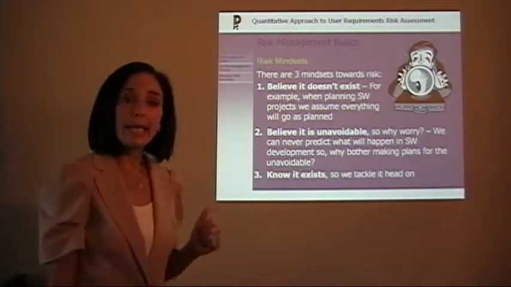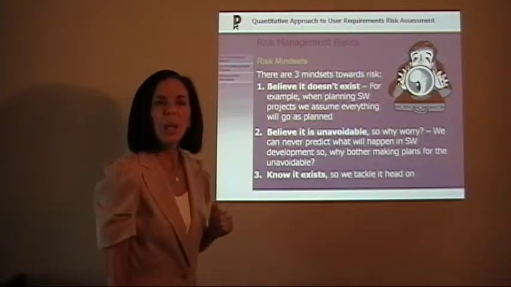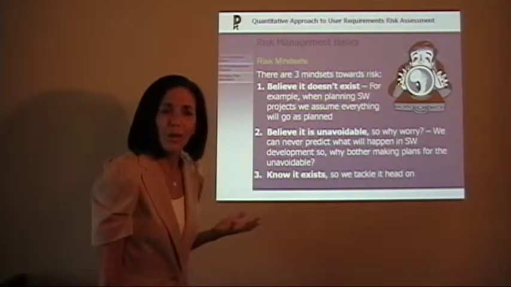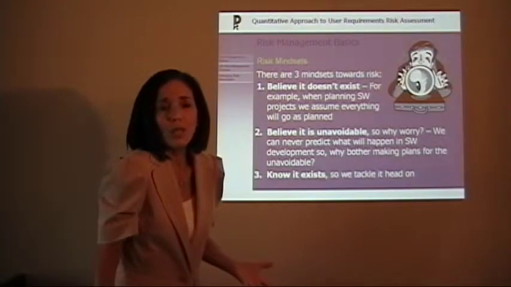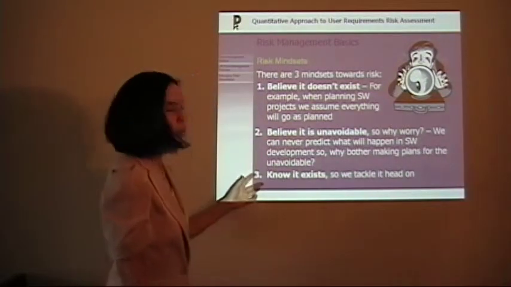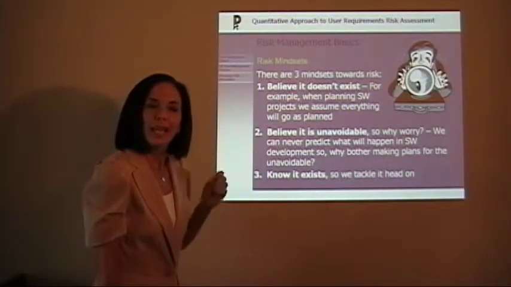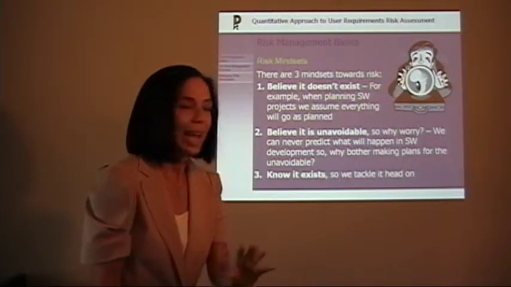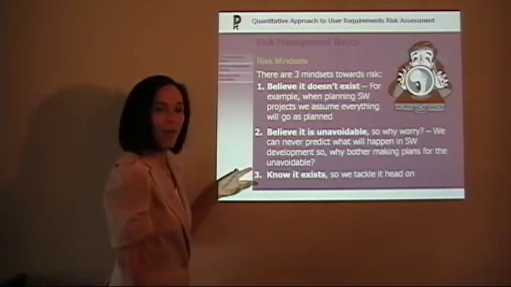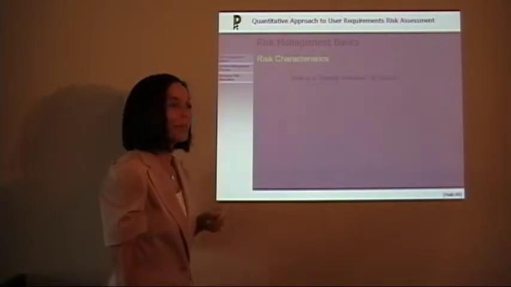The second is that yes, things may go wrong, but risk is unavoidable, so I am not going to do anything about it because I know it is going to happen. And the third mindset is yes, risk exists and I'm going to tackle it head on. Actually, this mindset is the focus of our presentation today.